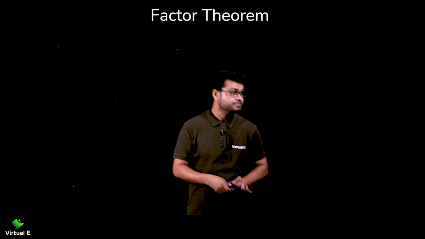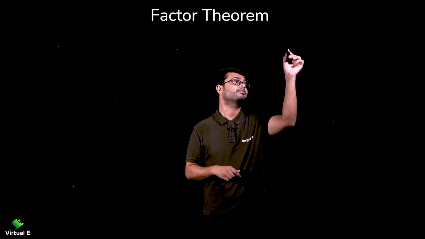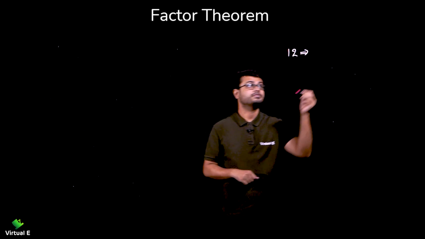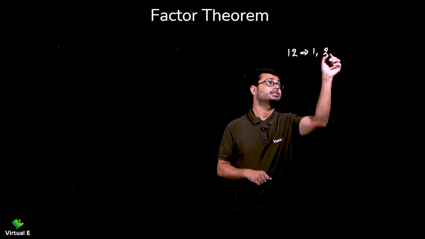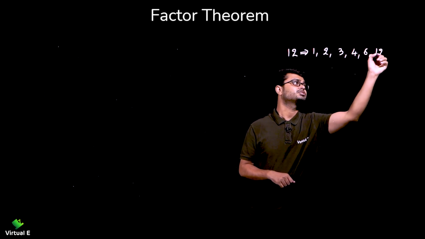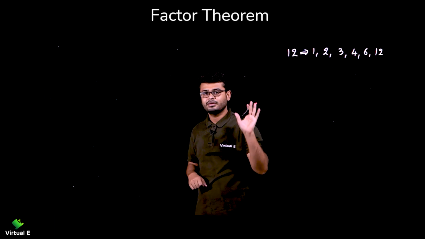Now, factors we know very well. Let's say we take the factors of 12. So, what are the factors of 12? Let's say 1, then 2, 3, 4, 6 and 12 itself, right?